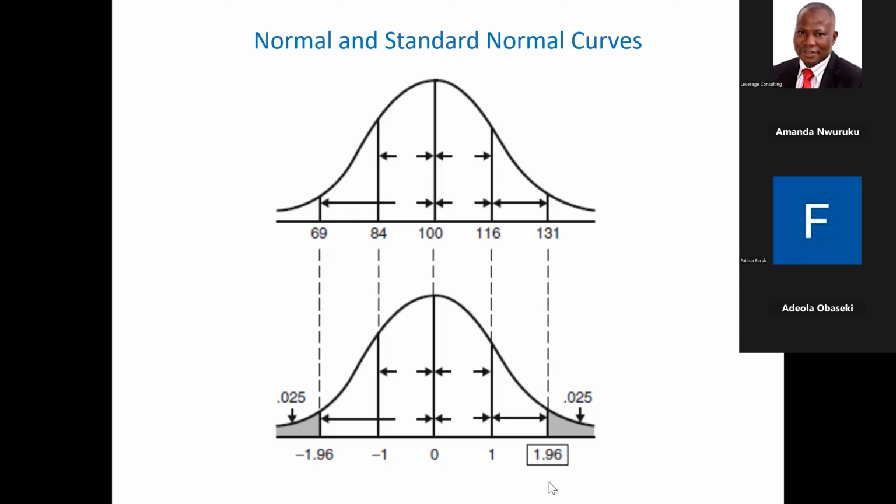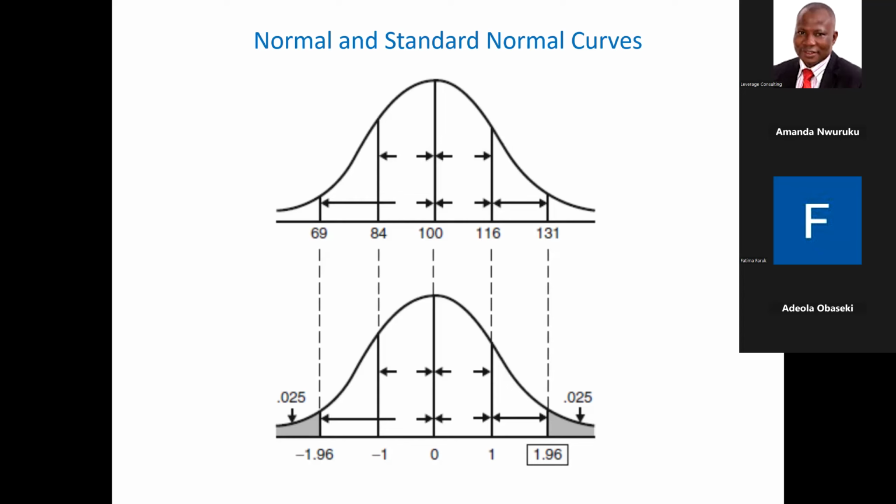Yes. Now remember, I asked you the question. Let's quickly look at this slide. You remember I told you that for continuous probability distribution, which normal distribution is one of them, you cannot know the probability of a given value, but you can know the probability of a range of value.